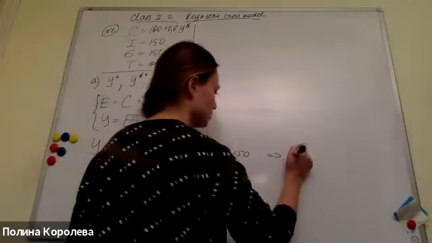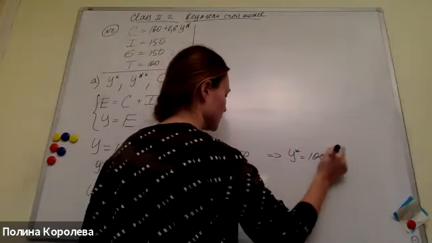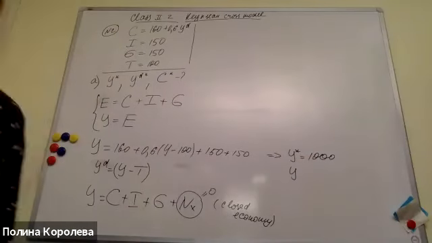Okay, then we should put, we can see that we will have disposable income equals 150 minus 100. So GDP in equilibrium will be equal to 1,000, yes? And disposable income, how much?